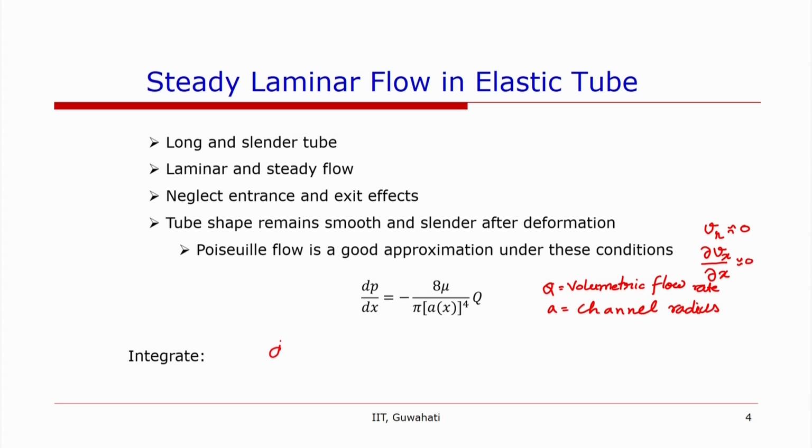Let us say dP is equal to minus 8 mu Q over pi, because the flow rate is a given quantity, so we will take it to be constant, times dx over a(x) to the power 4, integrated from x equal to 0 to some x, and similarly the pressure from P0 to P(x).